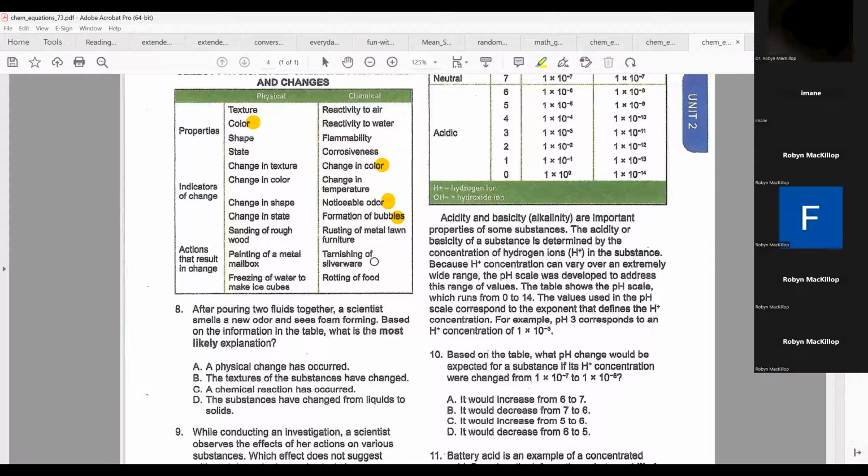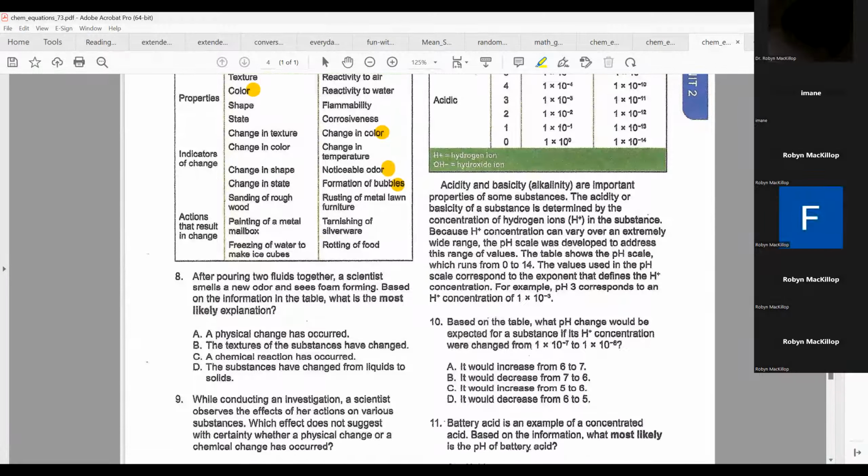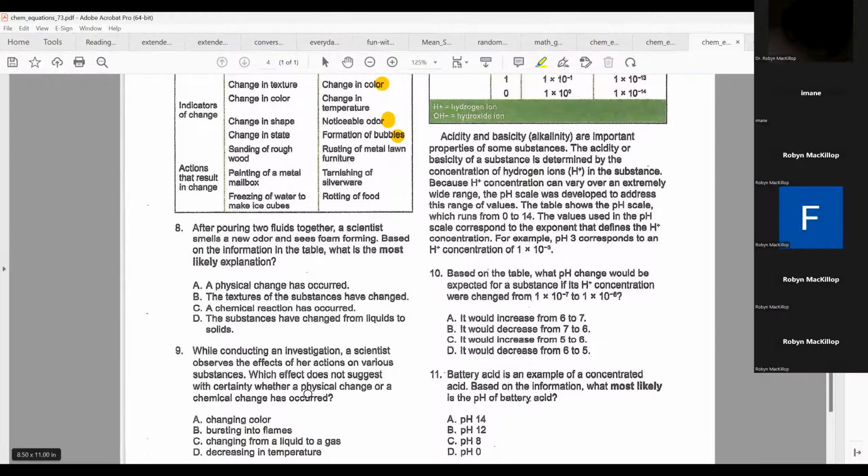So interesting, huh? Good job. I think it's a terrible question because they could have said it much more clearly. They could have just said, what could happen that would make it difficult to know whether it was a chemical or physical change? And that would be the changing of color because it's in both columns.